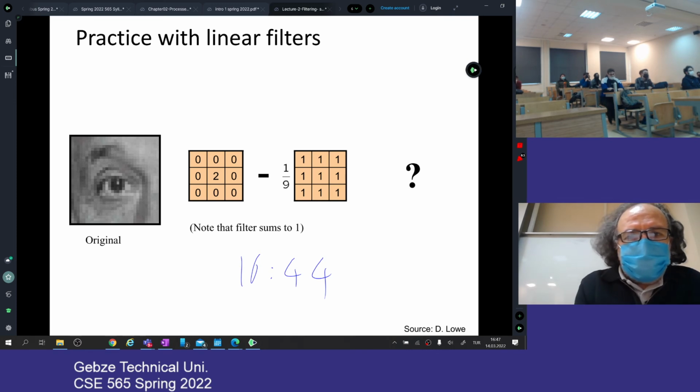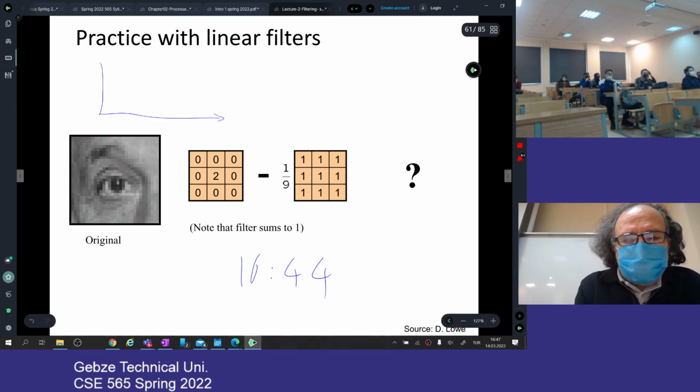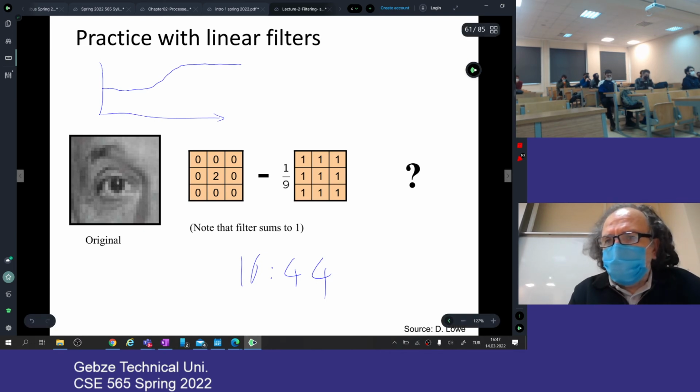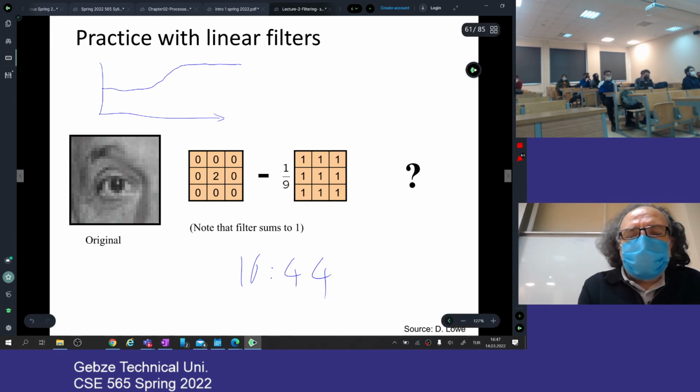Let's look at this one. Let's say I have a function like this, and the function does such a thing. Okay. If I take the derivative of this function, this would be the derivative, right?